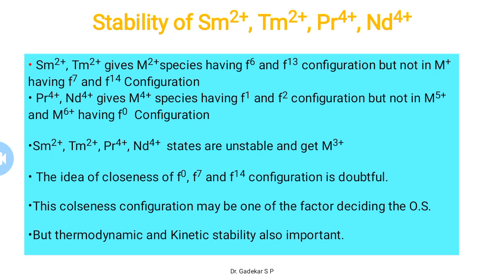Similarly, promethium 4+ and neodymium 4+ give f1 and f2 electronic configurations, but not the +6 oxidation state, even though that would be completely empty. They are stable in the +4 oxidation state, even containing f1 and f2 configurations. Why is this stability present for samarium 2+, thulium 2+, promethium 4+ and neodymium 4+?